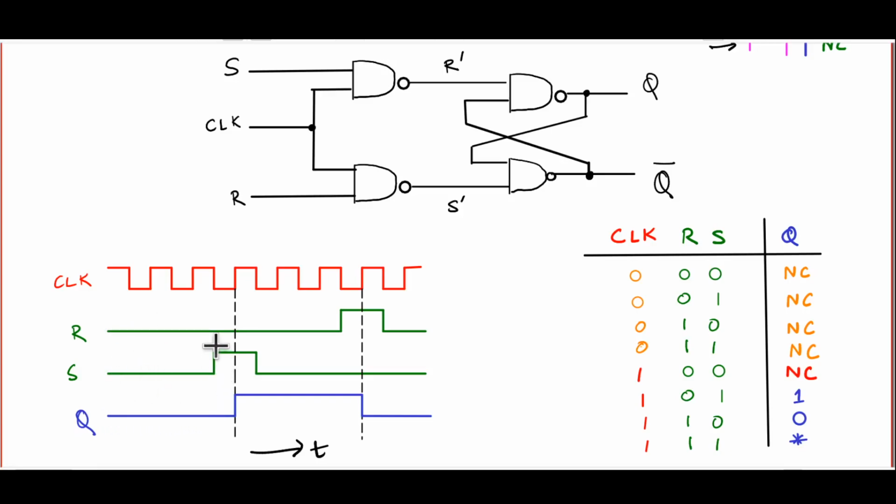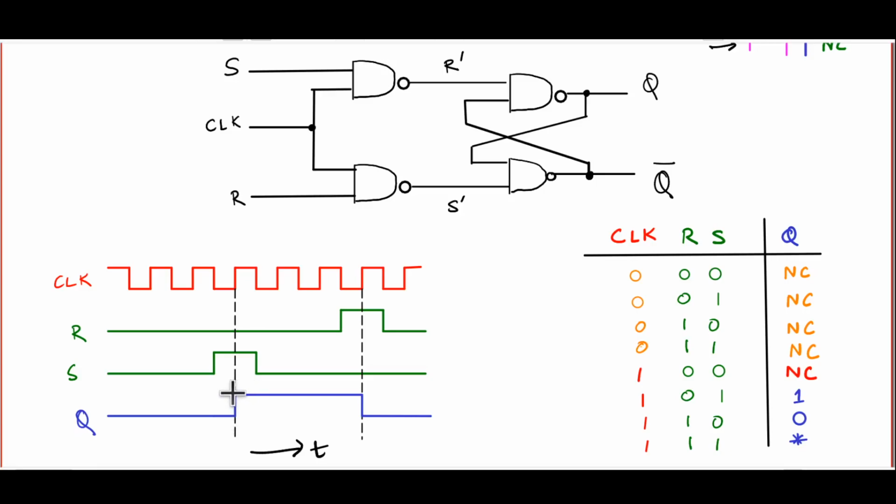At this stage, S has gone high. So it might appear that the system should set Q, but it doesn't happen that way. Because note that S has gone high when actually the clock is low. And as long as the clock is low, there will be no change whatsoever. But now, with S staying high, when the clock goes high, Q now sets.